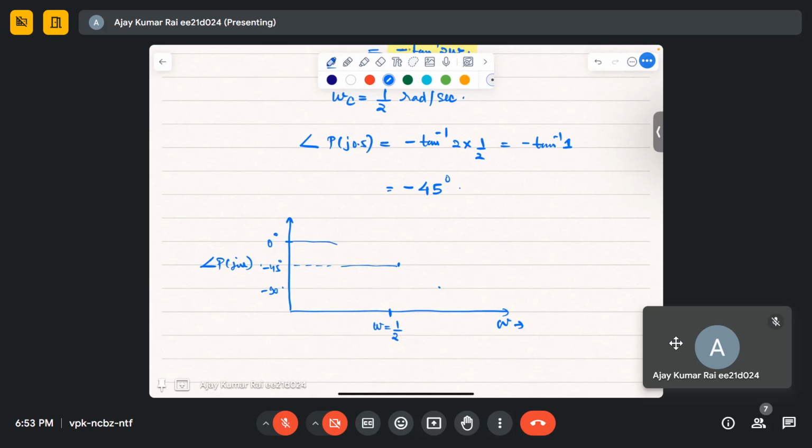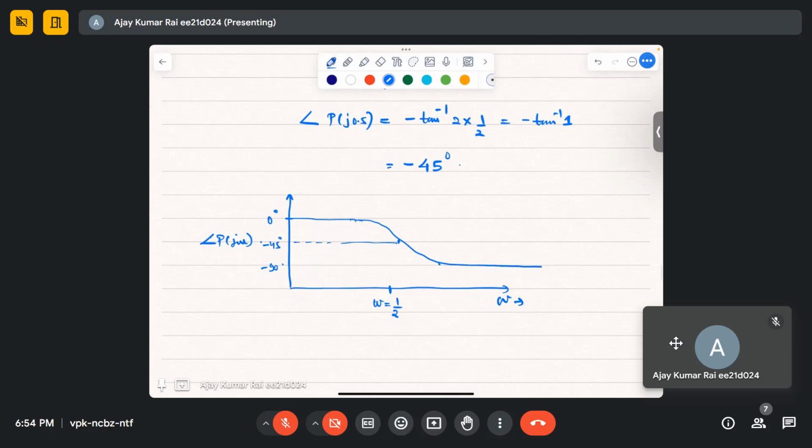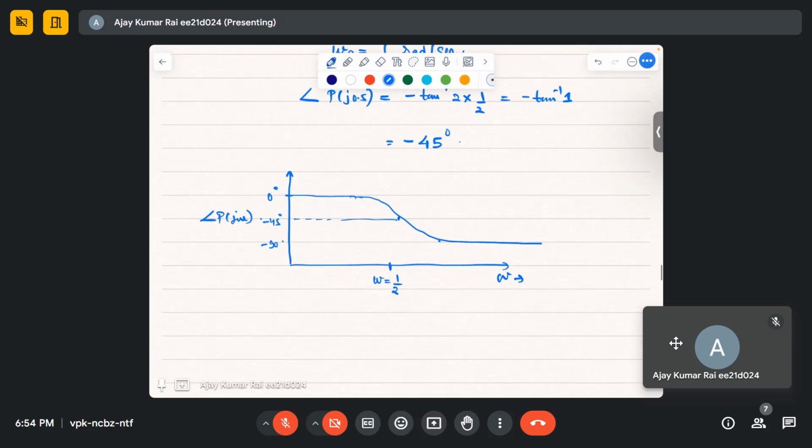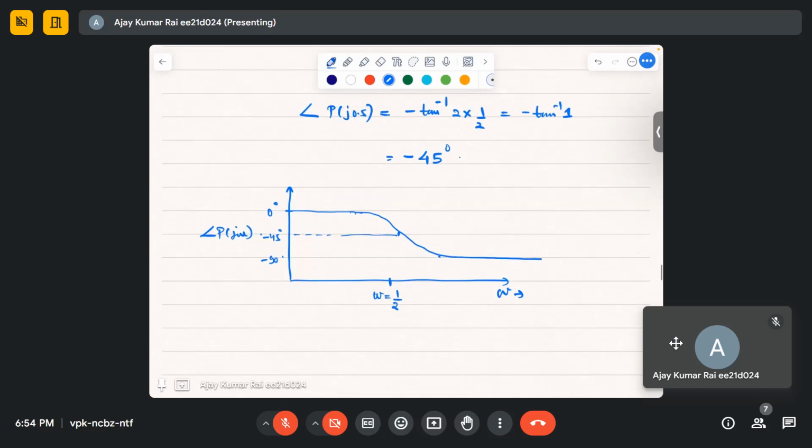So this is how the phase will look like. I have drawn the phase also.